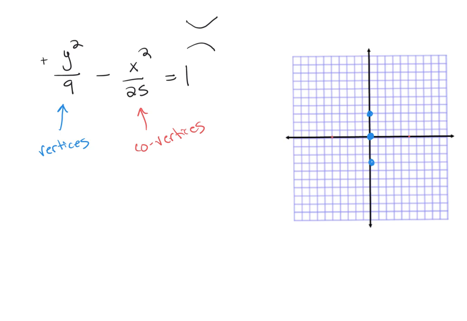So now we're going to use vertices and co-vertices to just sketch this little box, because the diagonals of this box give us our oblique asymptotes.